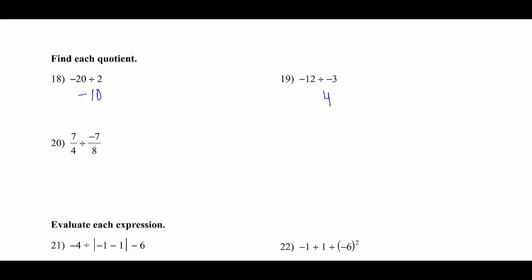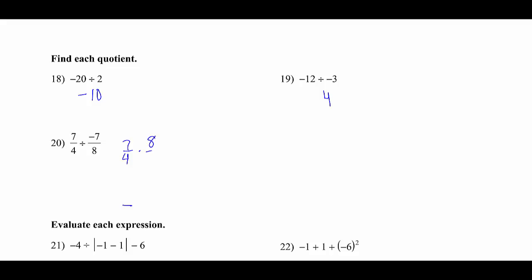Now, on a problem like 20, where we're adding fractions in to make this a little more complicated, I would personally look at this and say, one's positive, one's negative. I know that means this ends up being negative. And then don't worry about writing the negative down the whole way through to work it out. Because when we divide fractions, we have to say, what is it when we flip the second one?